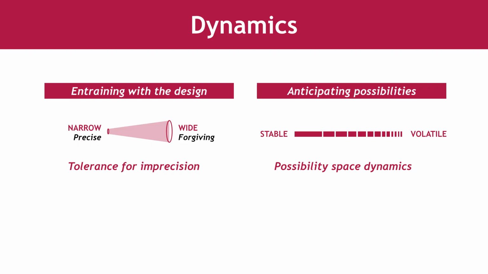So for dynamics, we have tolerance for imprecision and thinking about possibility space dynamics. And that's to say, we don't want machine learning on everything. There are some situations where that's really beneficial, but other times we want a stable system. Sometimes we want a high tolerance for imprecision when someone's distracted or engaging in a lot of different modes of information.